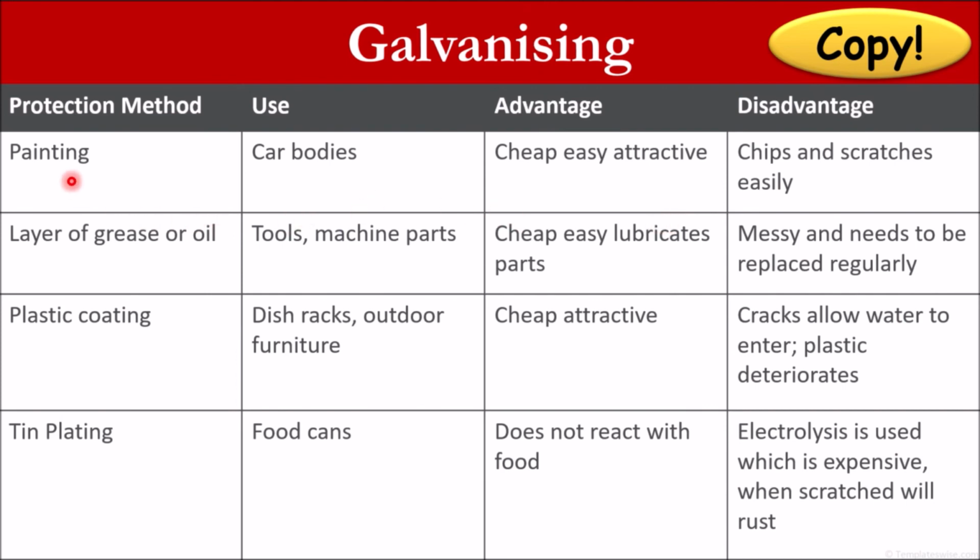So one method is painting, and that's usually used for cars. The advantage of it is it's really cheap and easy to apply. The disadvantage is obviously it's quite easy to scrape paint off, particularly if you do little corner turns and you scrape a little paint off accidentally as you make a bad turn.